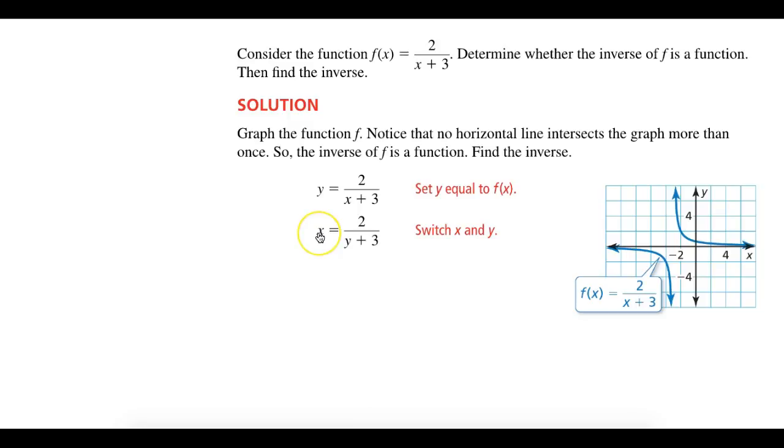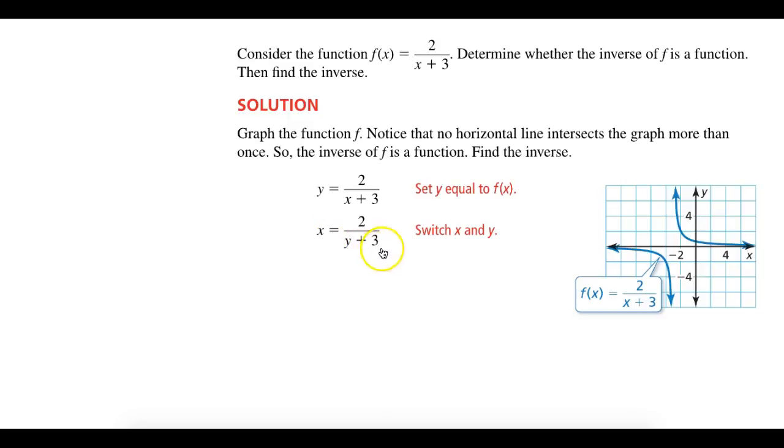So you're going to have x where y was and y where x was. Again, very basic. You guys remember how to do this, so don't forget. So you replace x and y, and then you need to solve for y. So you're going to have an equation here, and all you need to do is shuffle things around in your equation so that you have y by itself equal to some expression.